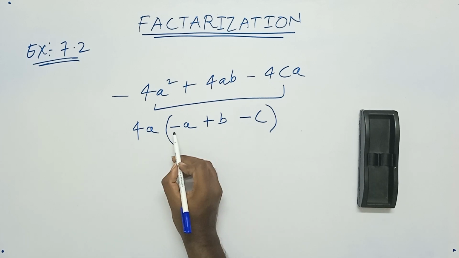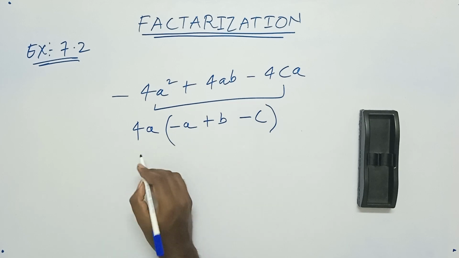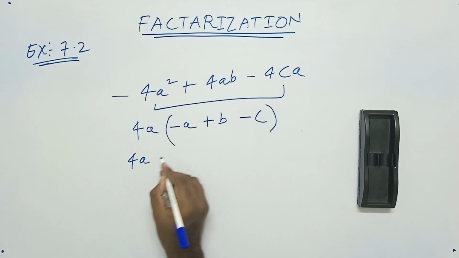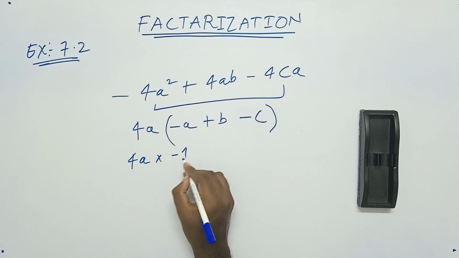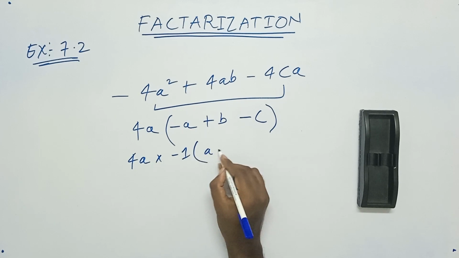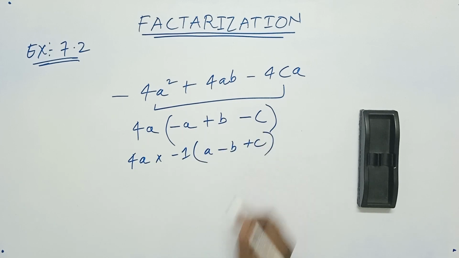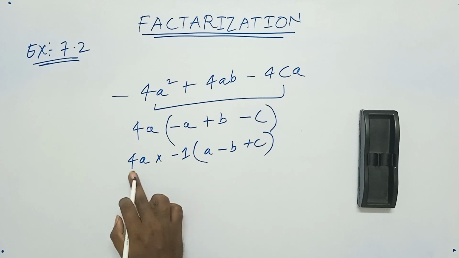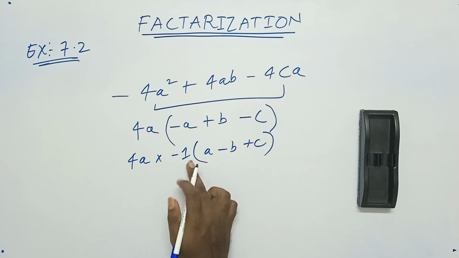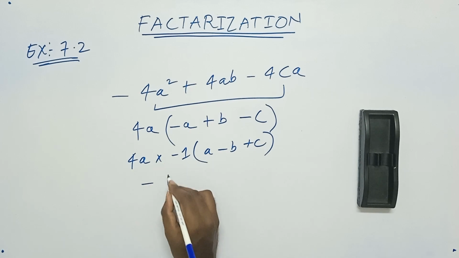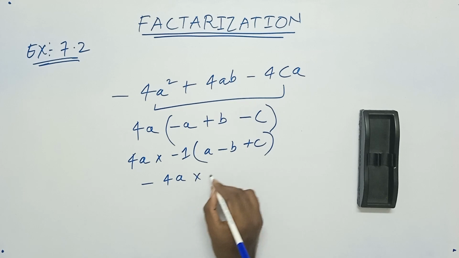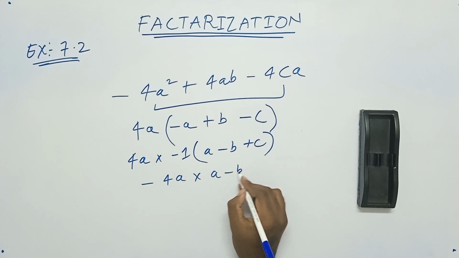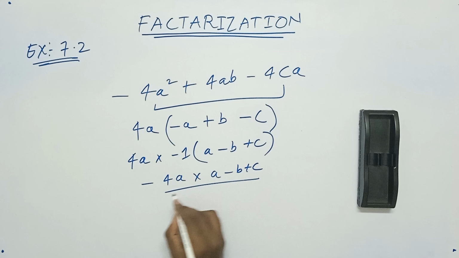If you take the minus sign outside the bracket, it becomes 4a into minus 1 of a minus b plus c. If you multiply 4a times minus 1, it becomes minus 4a. So minus 4a into a minus b plus c are the two factors of the given expression.